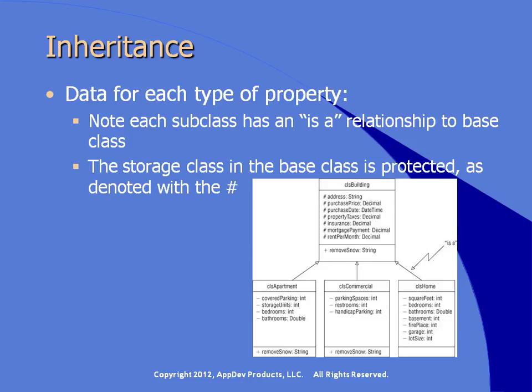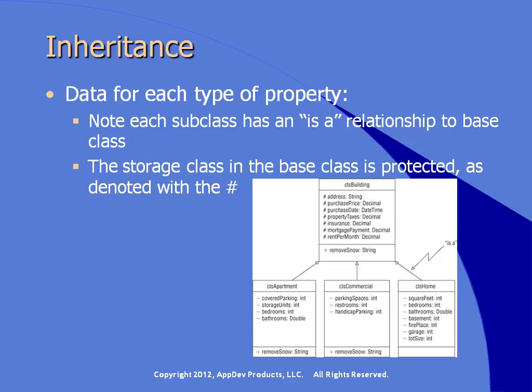Now, in each one of the subclasses, we have additional properties that are specific to those. So class apartment, for example, has covered parking, storage units, number of bedrooms, number of bathrooms. And then class commercial has parking places, restroom, handicap parking.